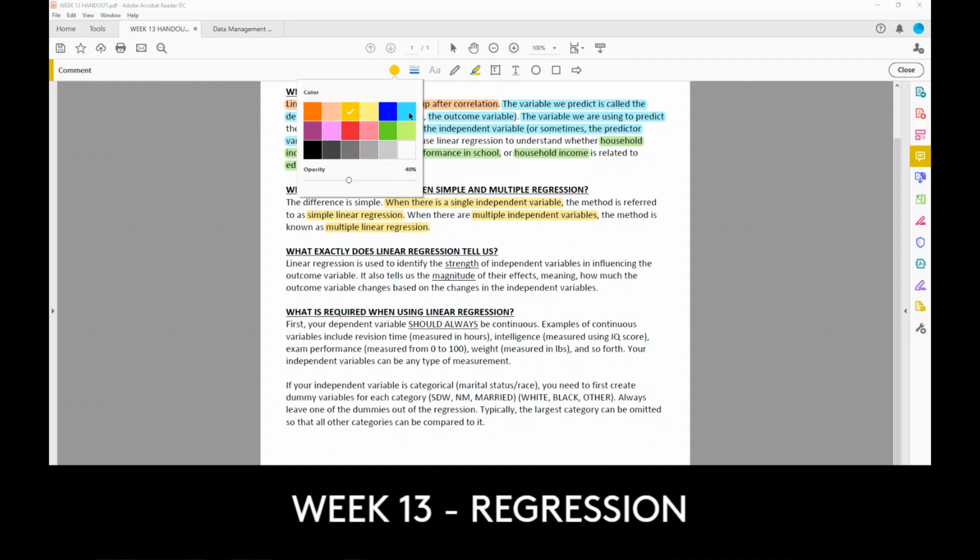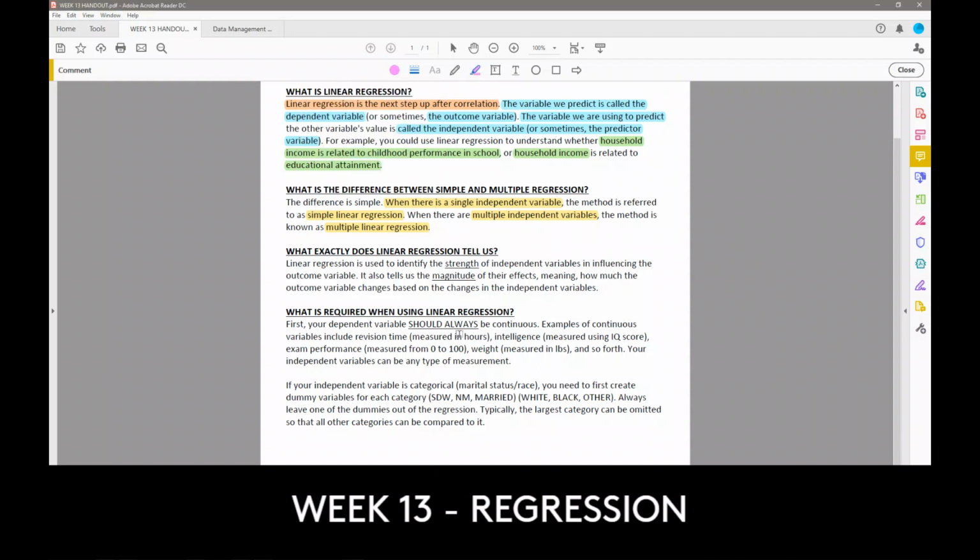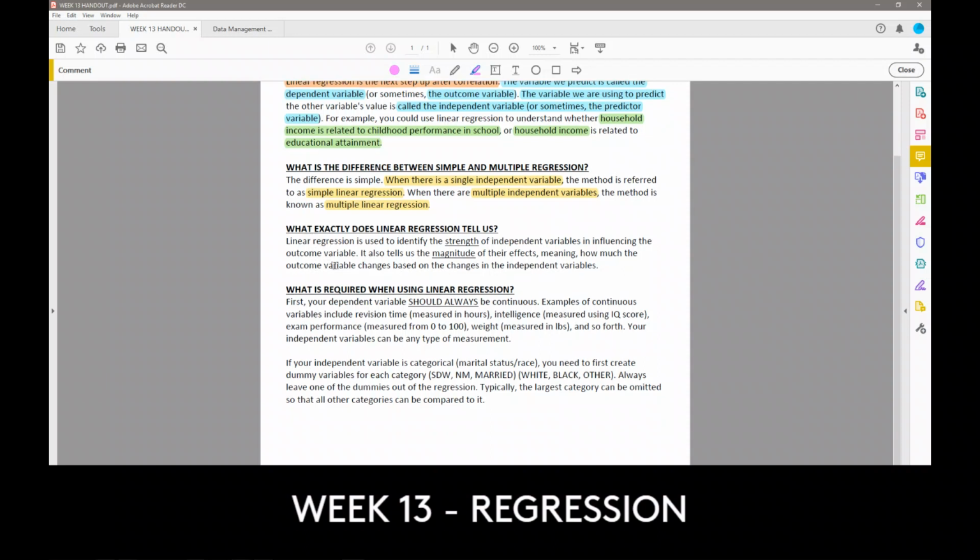Now, regression is designed to tell us several things. One of the things that it helps us to identify is the strength of the independent variable and its influence on the outcome variable. So how strongly your predictor variables influence the outcome.